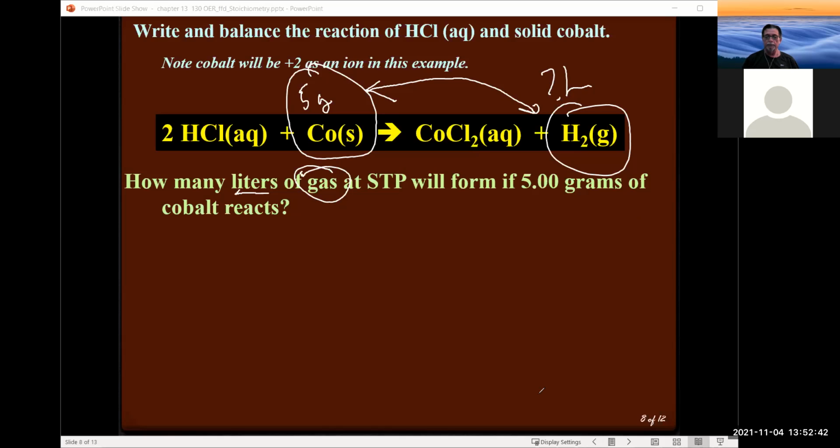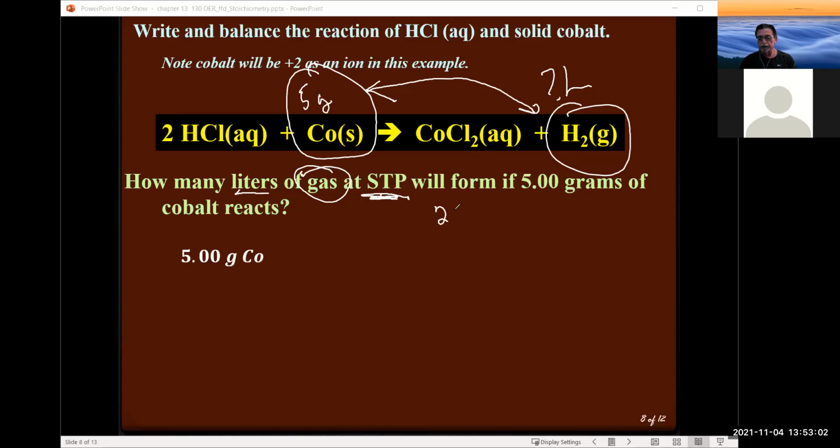Okay, so we write down what we're given, right? We're given 5.0 grams of cobalt. Obviously, oh, hold on, I forgot to emphasize another point. STP, okay?